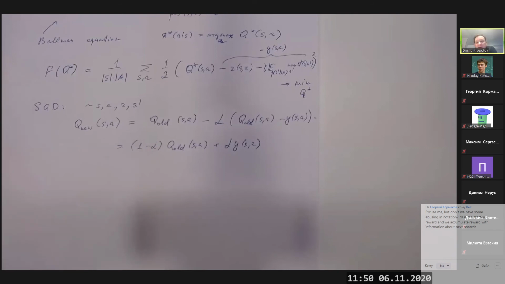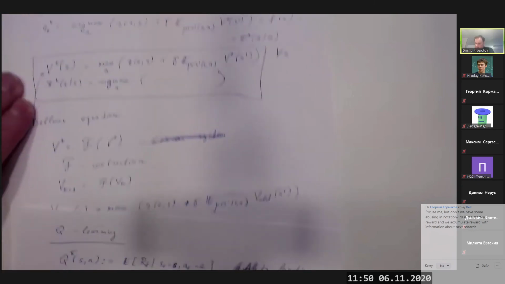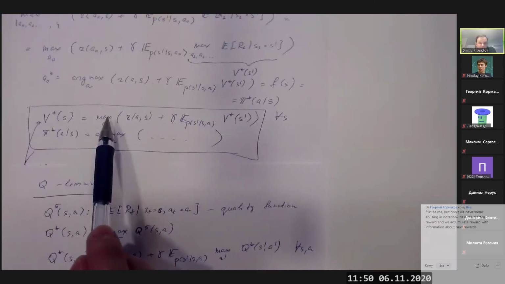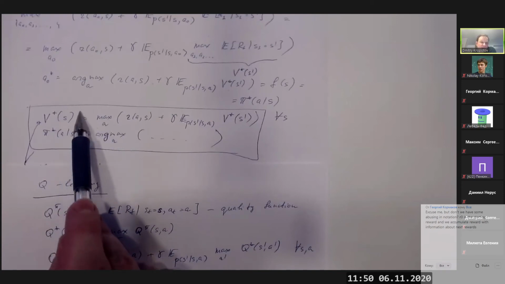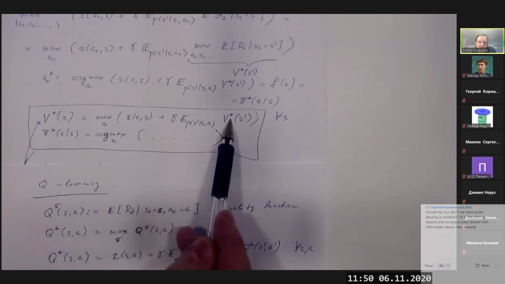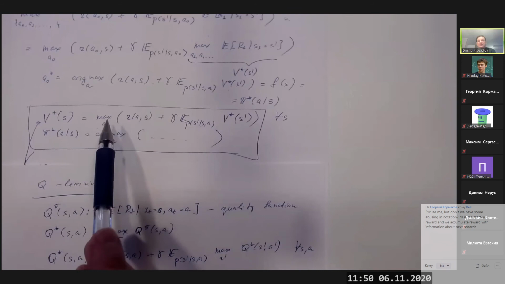Note that absolutely the same type of algorithm can also be formulated for the case of V functions, because again, coming to the V function, we have a set of nonlinear equations: the V function is equal to some function that depends on V. We may solve this Bellman equation in a similar regression-type manner.